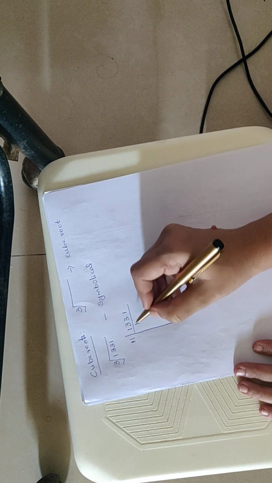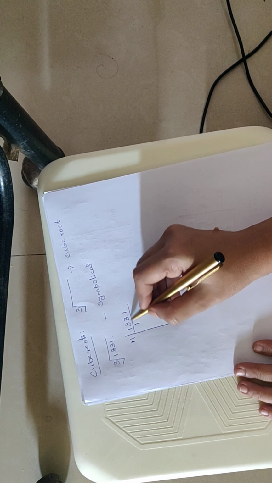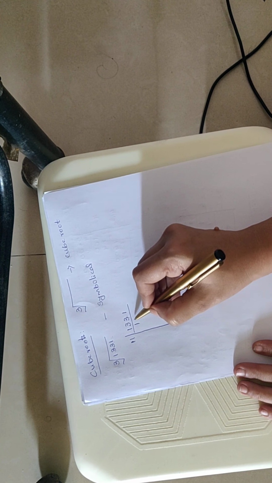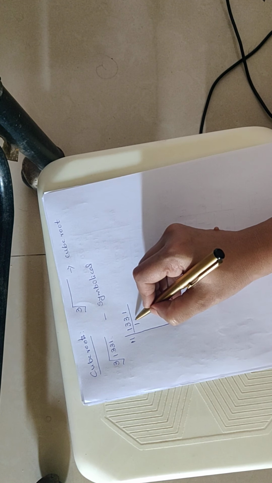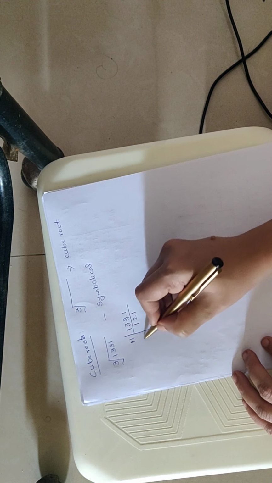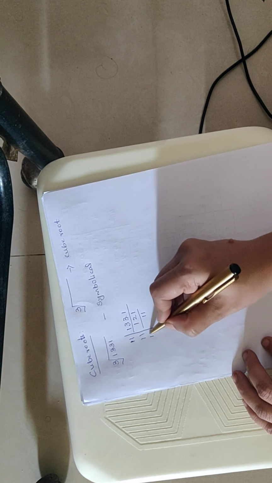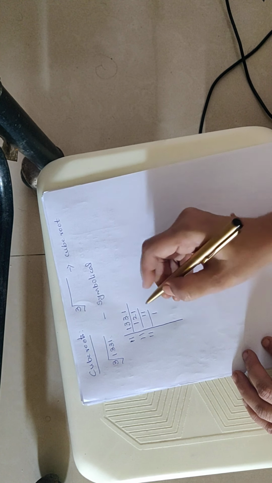11 ones are 11. 13 minus 11. 3 minus 1, 2, 3. 23. So again 11 twos are 22. Then 11. 11 11s are 121. 11 ones are 11.